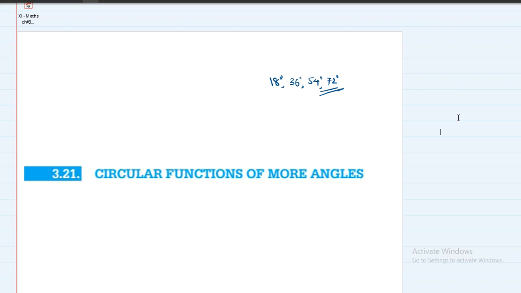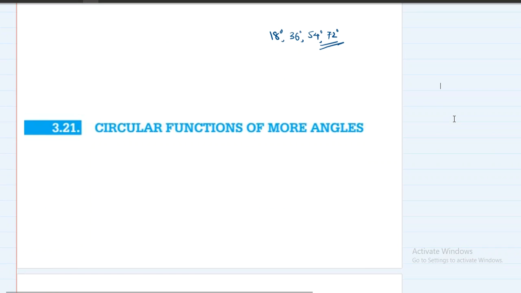Okay, let's start with circular functions of more angles. Now we have been finding the values of trigonometric ratios of certain standard angles from 0 degrees till 360 degrees, and we have made a table for that, but there are certain more angles which are included in this list.